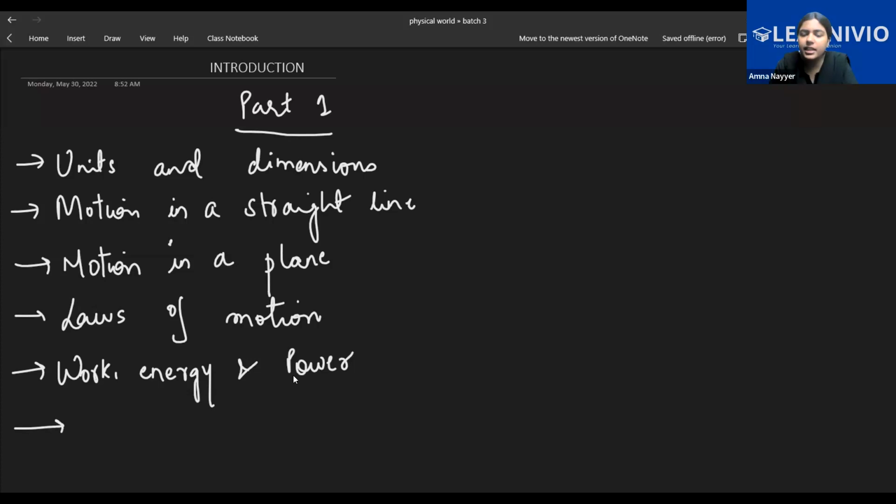Then see, everything till here was in a straight line, means everything was moving forwards, translating. If anything rotates, like you can take the example of fan blades rotating, right? Yes. This is rotation that is dealt in the chapter system of particles and rotational motion. So I'm just writing rotational motion.